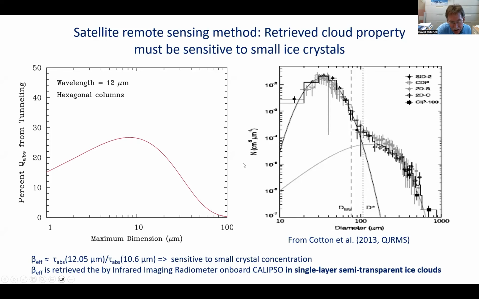So the retrieval itself, we needed something that would be sensitive to the number concentration of ice crystals, especially the small ice crystals, because they comprise the highest proportion of the number concentration. You can see that on this right panel. It's from Cotton et al. 2013, where number concentration versus size is plotted.